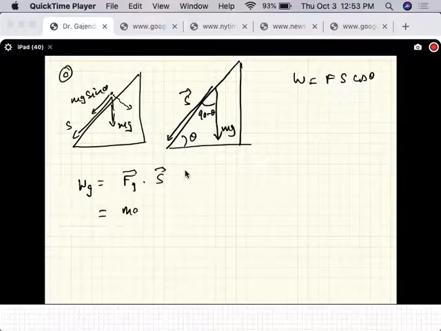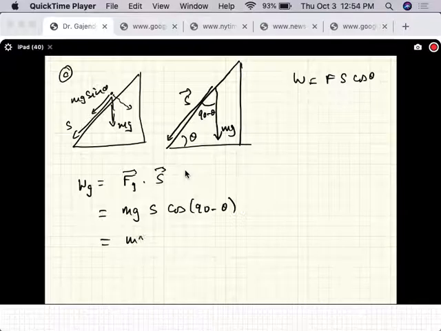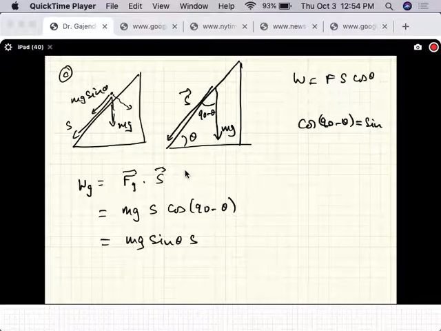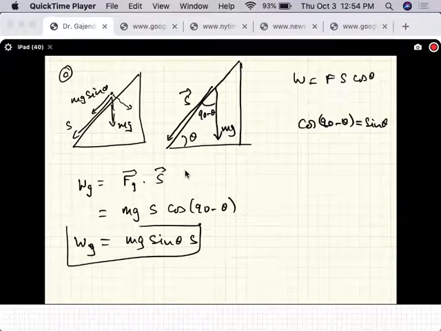And that would be mg s cosine of 90 minus theta. And cosine of 90 minus theta is sine theta. So there is the work done by gravity using that formula.